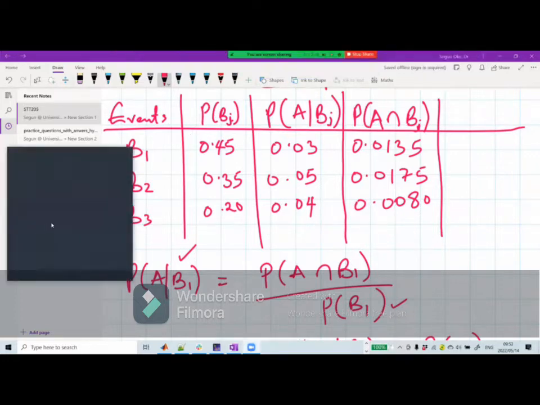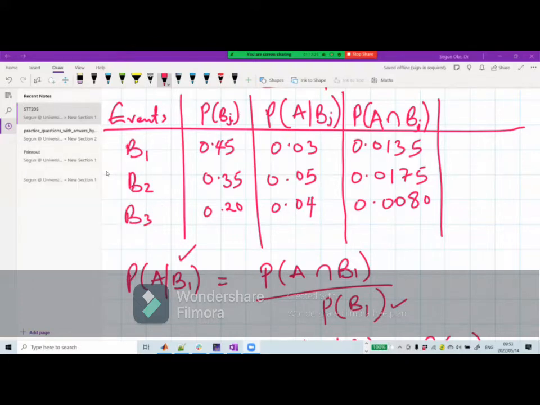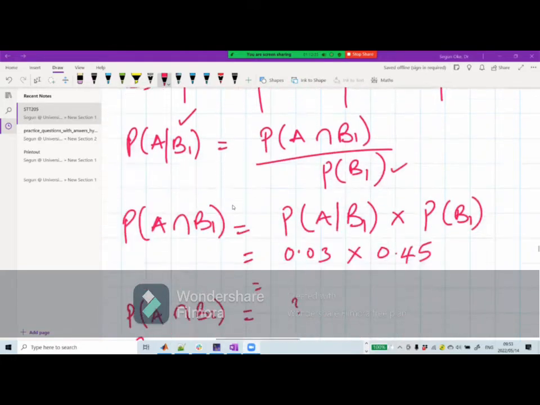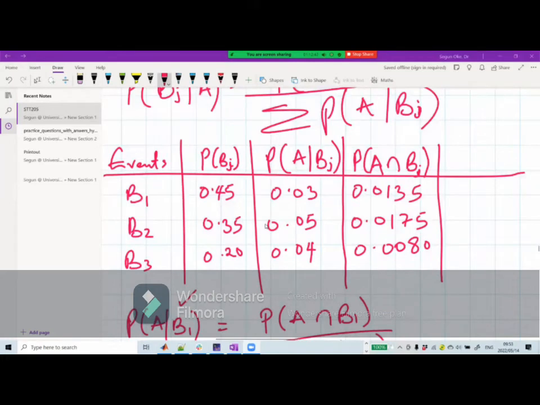Please, how did we get our 0.03 for B1? It's already given. It is there in the question. That is the probability of error they committed. That's why I said it's already given. Any question?